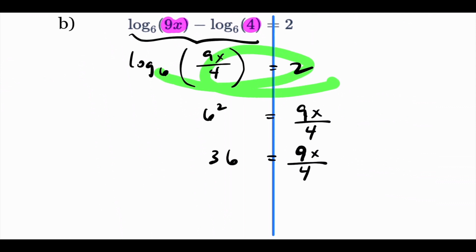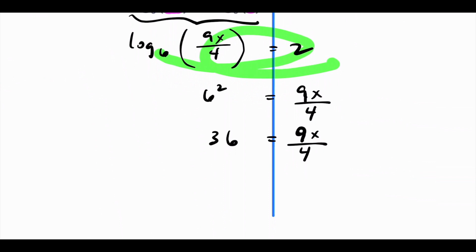How do I get x by itself? There's a couple different ways you can do it. X is here, so how do I get rid of everything besides the x?